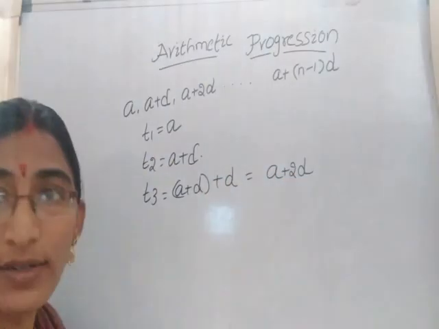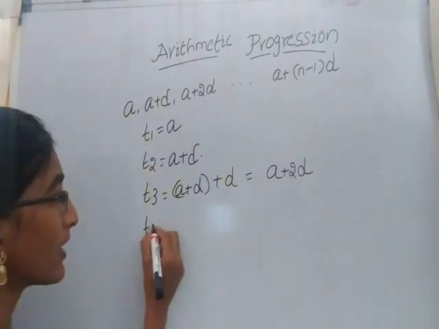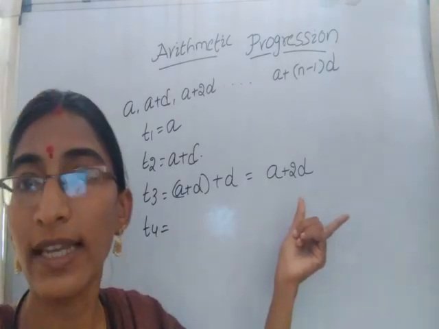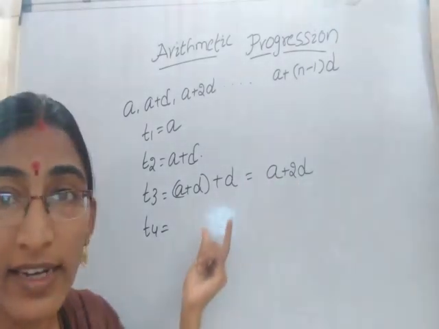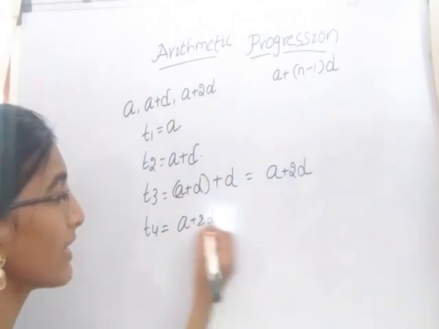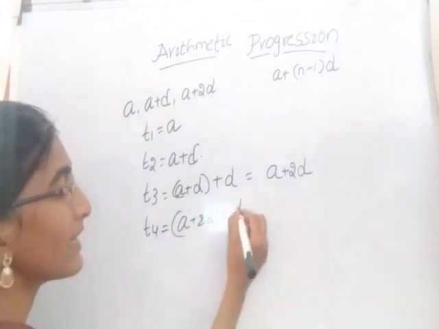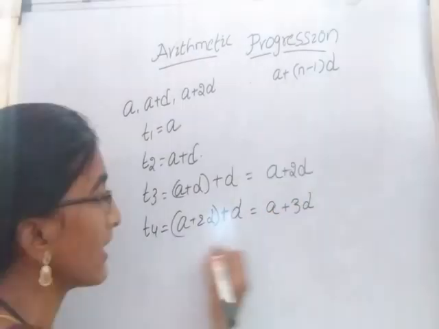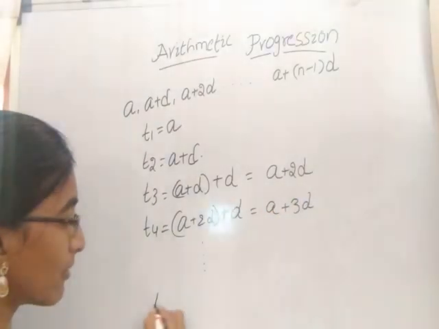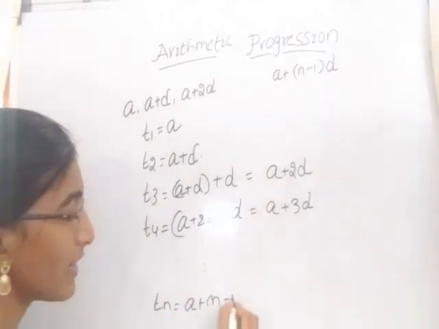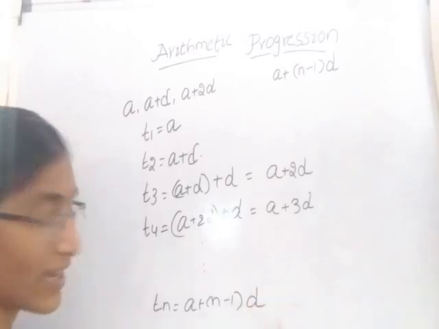The fourth term t4 is obtained by adding the same fixed number to the third term, that is a plus 2d plus d, which is a plus 3d, and so on. The nth term tn is equal to a plus n minus 1 into d.